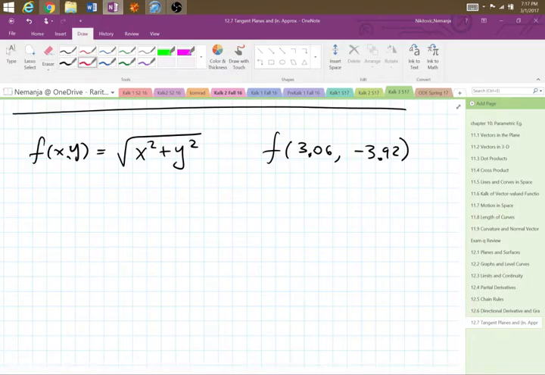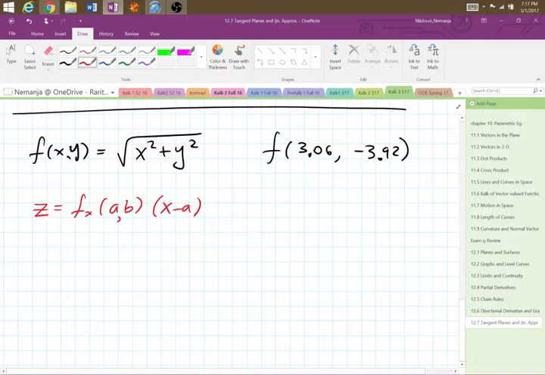So I'm just going to give you immediately the regurgitated formula for it. So f_x(a,b) times (x minus a) plus f_y computed at (a,b) times (y minus b). You did not expect anything else other than this. Has to be that. And then plus f of (a,b). Of course. You have everything you need.